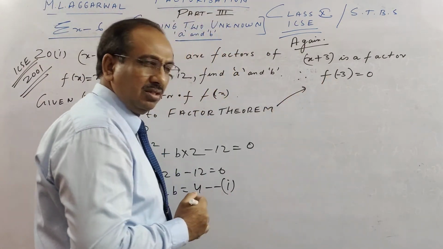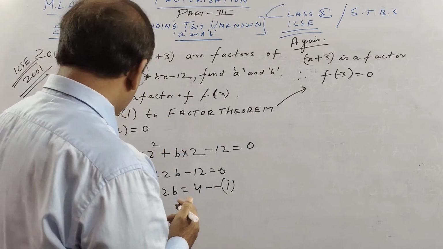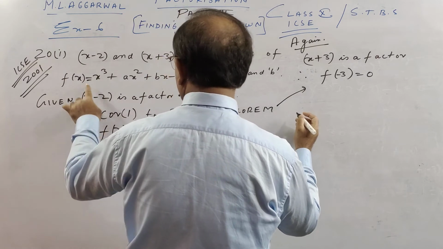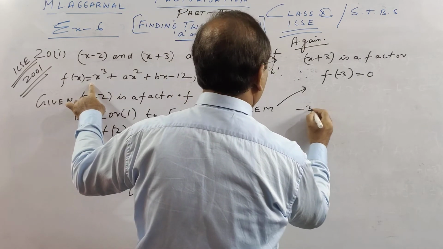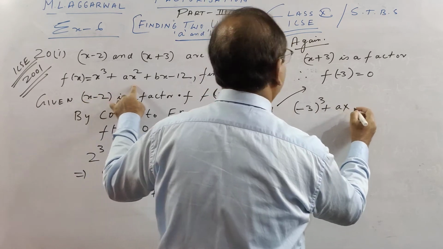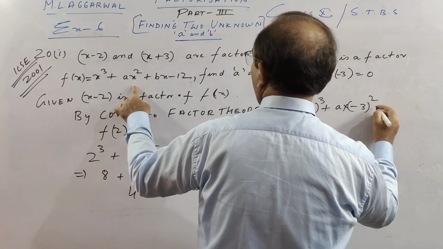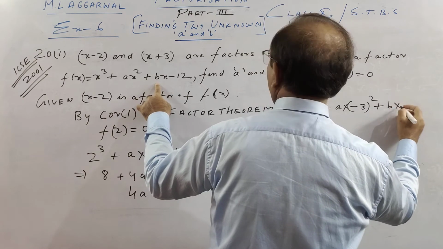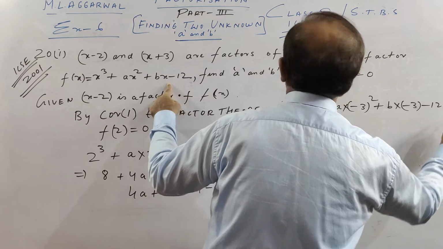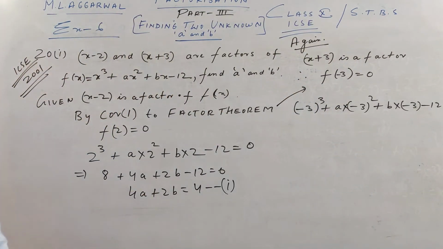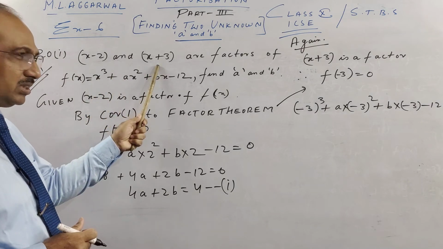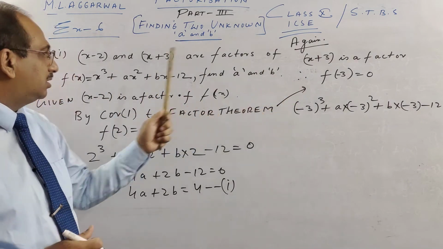You may write here. Okay, once you have written, at least once you write. So wherever, children, in this equation wherever x is there, I write minus 3 cube plus a into minus 3 square plus b into minus 3 minus 12 is 0. Just check wherever we have x. Since it is plus 3, you put f(minus 3) is 0.